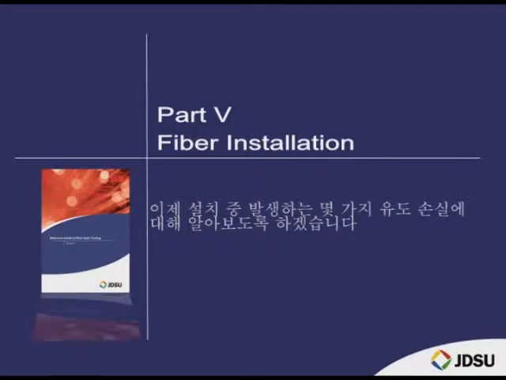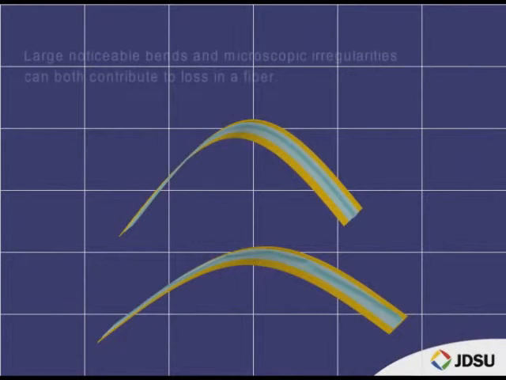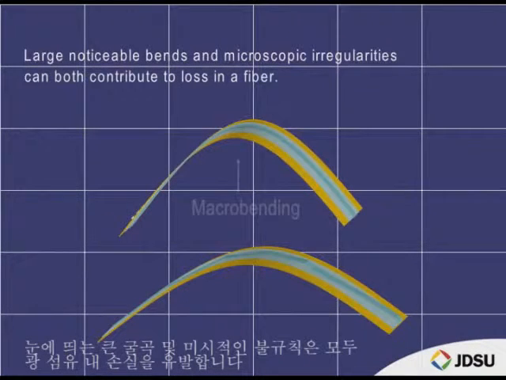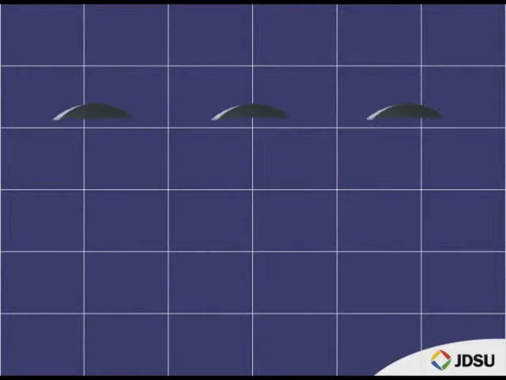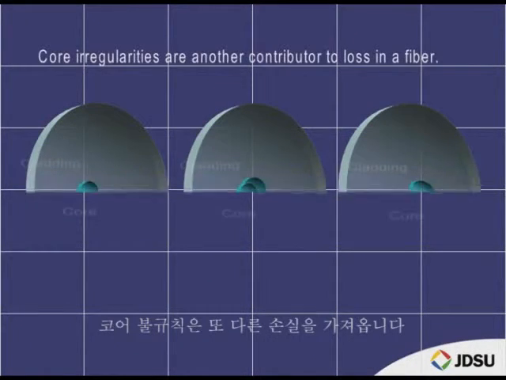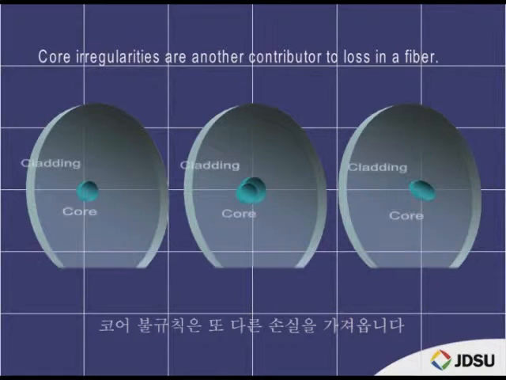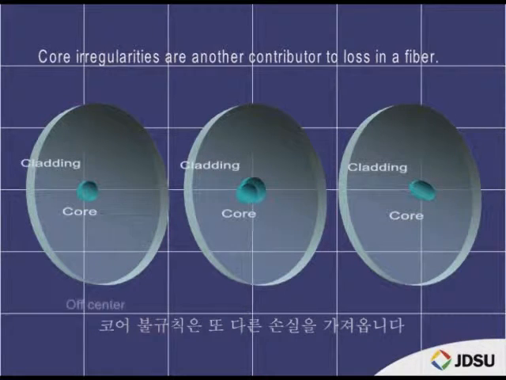Now let's look at a few of the induced losses caused during installation. Large, noticeable bends and microscopic irregularities can both contribute to loss in a fiber. Core irregularities are another contributor to loss.